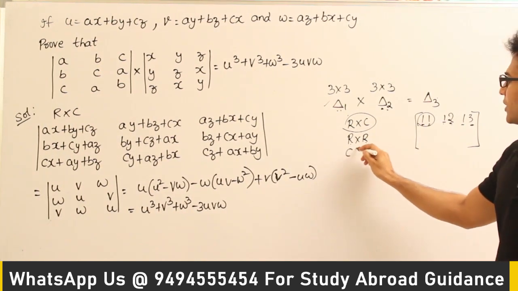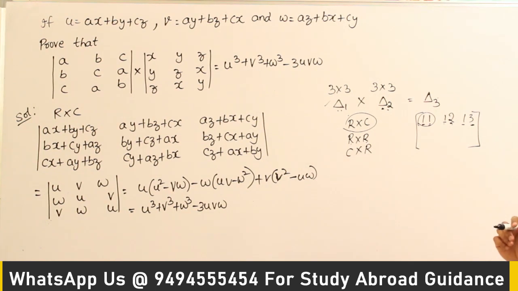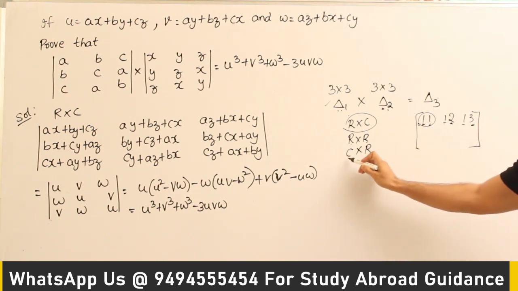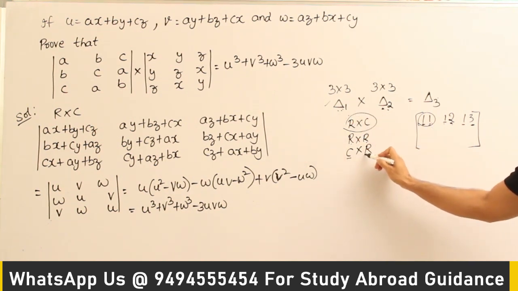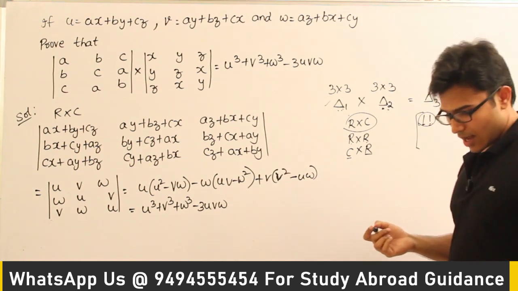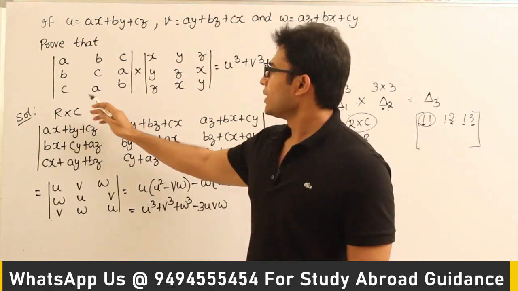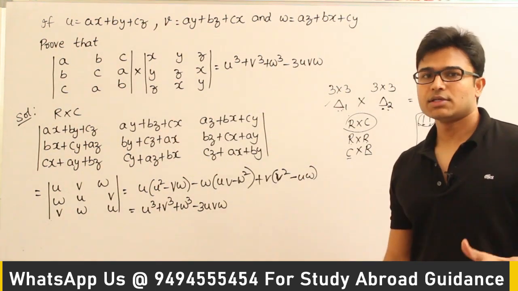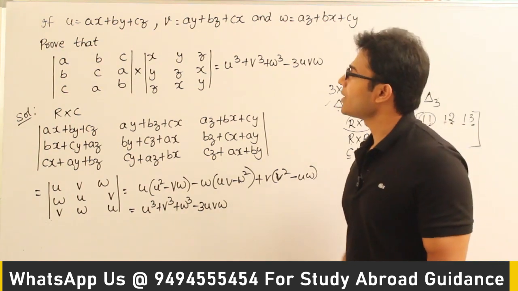Similarly, if you are talking about column by row multiplication, if you want the 1 1 element here, take the first column of delta 1 and then the first row of delta 2 and you multiply them. Likewise you can do this, okay? So here I have taken row by column multiplication. In this case, whatever order you take, either row by row or row by column, the result is going to be the same because they are symmetric matrices.